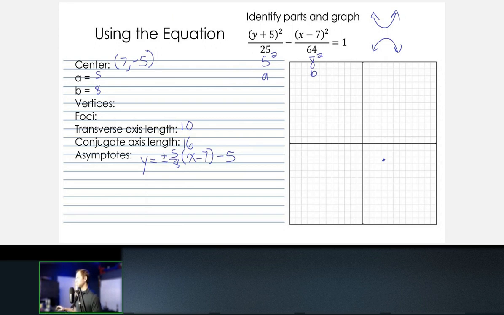From that center, I'm going up 5 units. Remember, I'm counting by twos. So 2, 4, and then 5. And then I'm going down 5 from the center. 2, 4, and then 5. All right. My 2 vertex points look good.